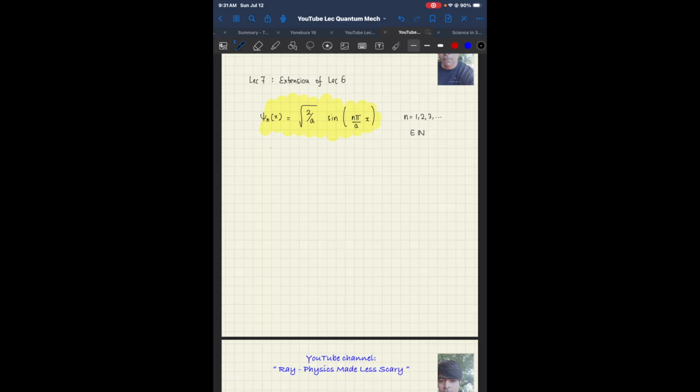And the goal today, so what is it that I want to do? Well, the goal is I want to actually evaluate the full wave function, which, we know from previous lectures, is a function of both x and t.